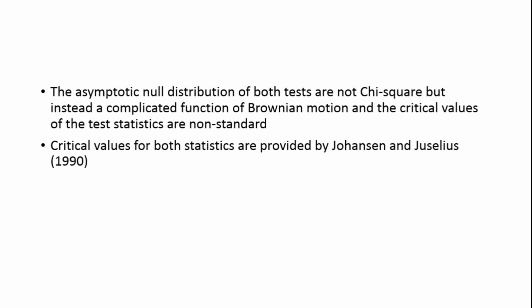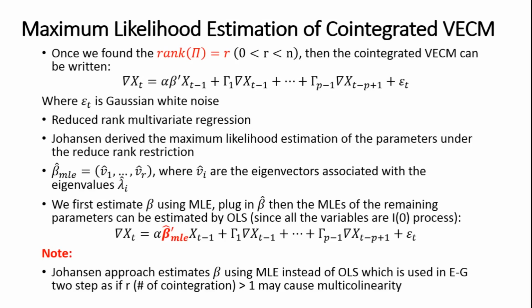Critical values of both statistics are provided by Johansen and Juselius since 1990. So maximum likelihood estimation of the cointegrating vector is the method required in order to estimate the parameters. Once we find the rank of matrix Pi, then the cointegrating vector can be written.